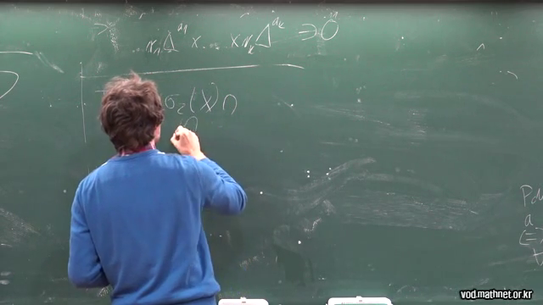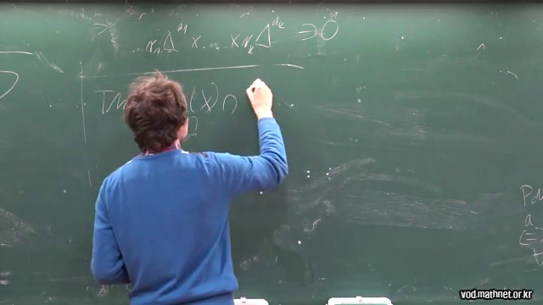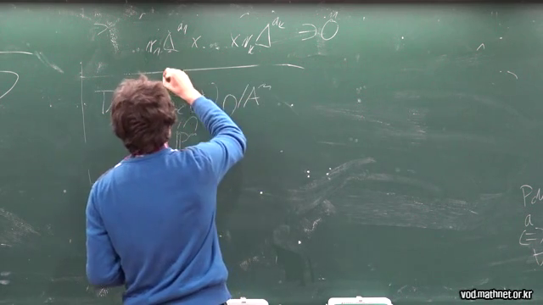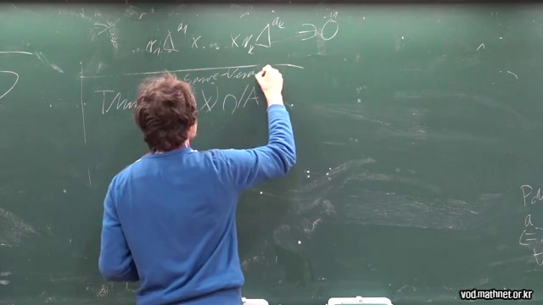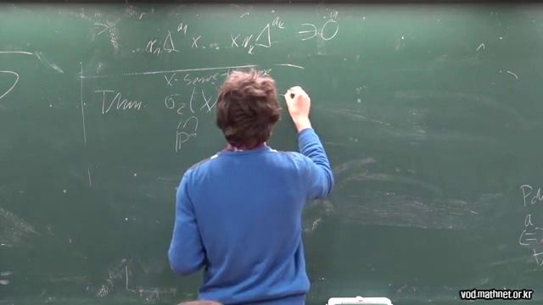So let's say that this is in Pn, and X is Segre-Veronese. This is a toric variety.